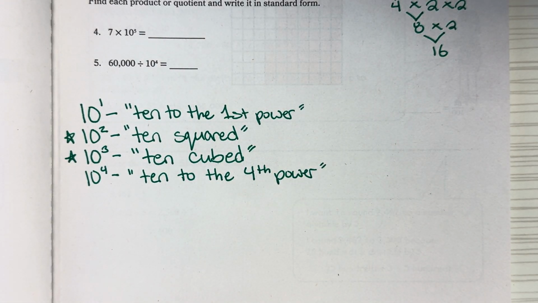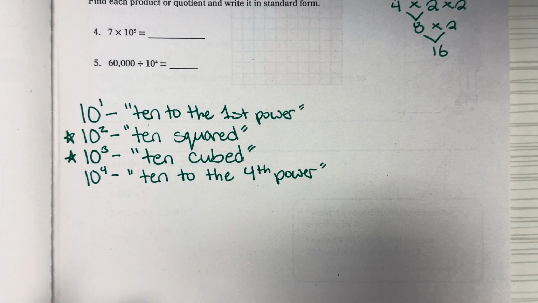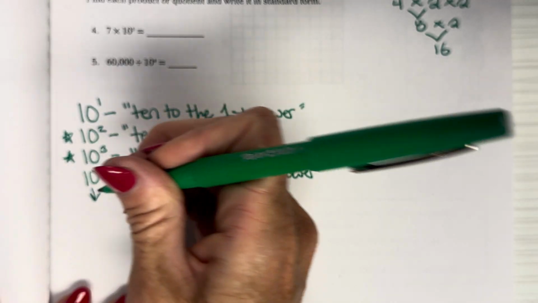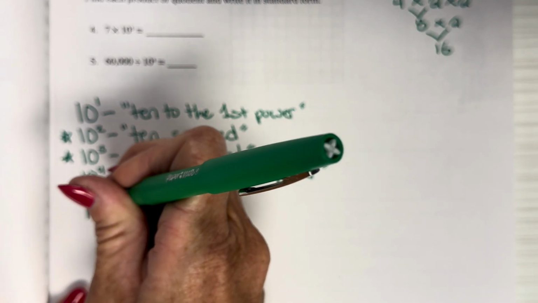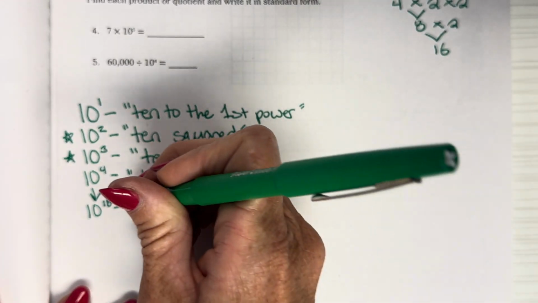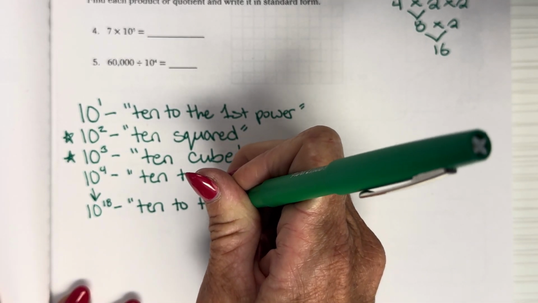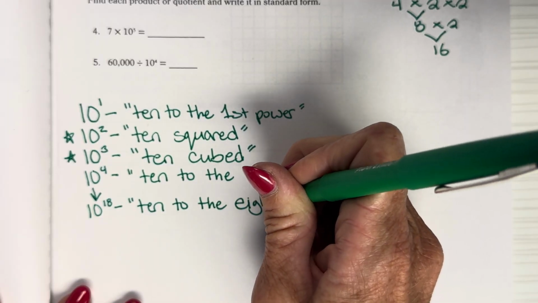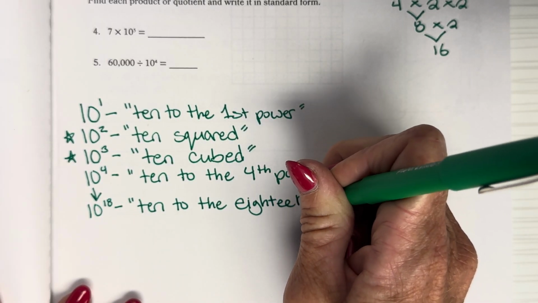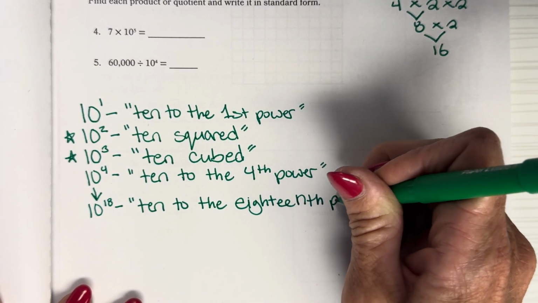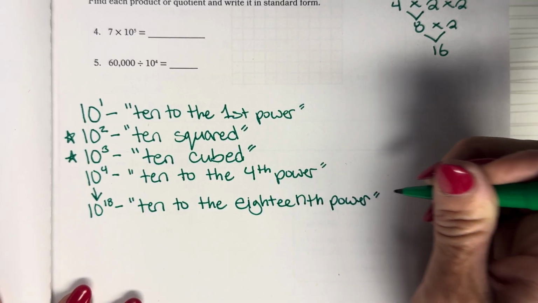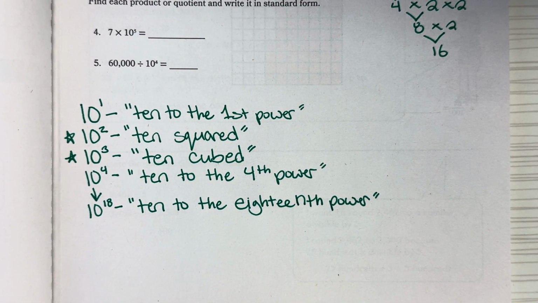And this is going to continue as long as you go on. If I keep going all the way to 10 with an exponent 18, I'm going to say 10 to the 18th power. And it would continue to 10 to the 91st power, 10 to the 98th power.